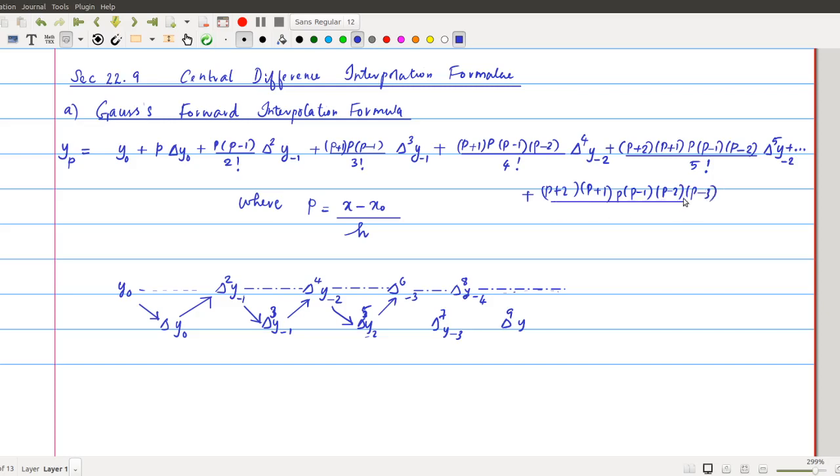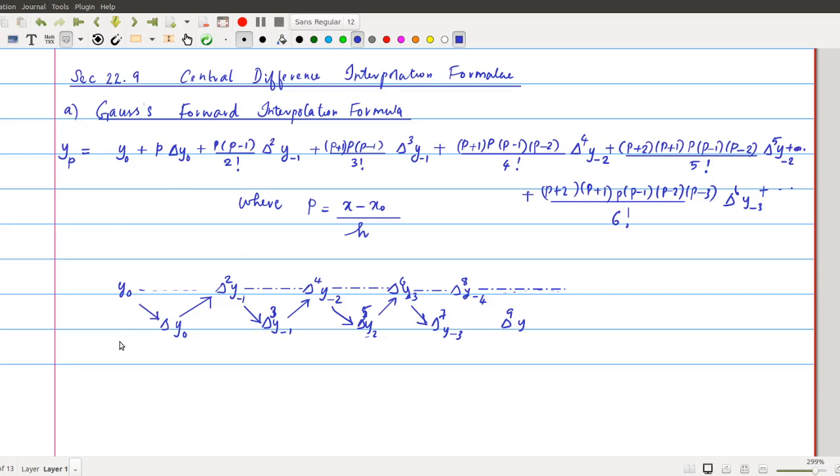Since there are 6 terms, we have 6 factorial, and here we write delta raised to 6 y minus 3. Then the next term contains delta raised to 7 y minus 3, with p plus 3, p plus 2, etc. This is the way we write this formula, what we call the Gauss interpolation formula.